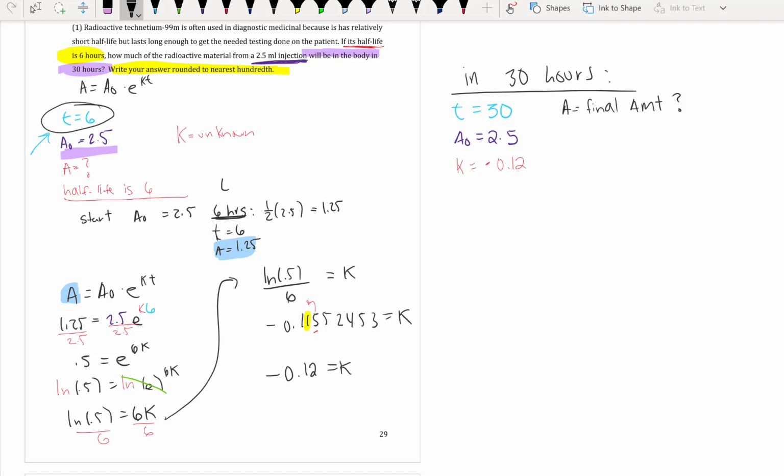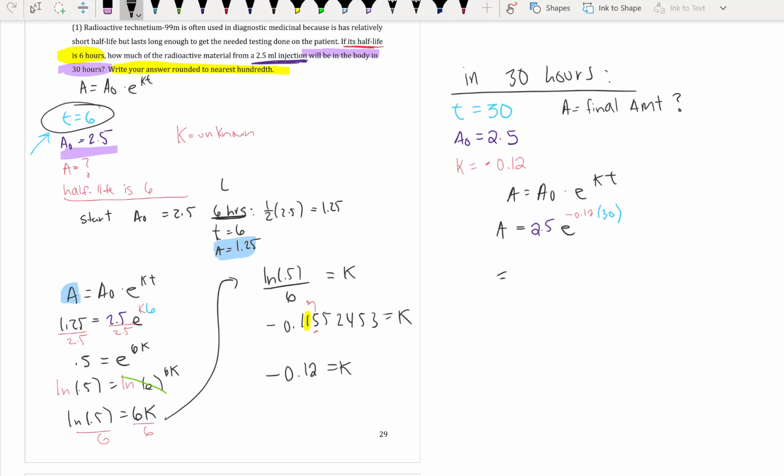I don't know how much of this is going to be in my body given these parameters. So I know that A is equal to my A naught times e to the k times t. The final amount, I don't know what that is, but I know the initial amount didn't change. It's still 2.5, and I still have e. The k value that I'm now plugging in is negative 0.12. That's what I found in the first part. And I have my t for time, and now that new time is going to be 30.